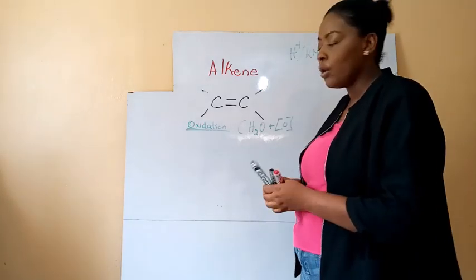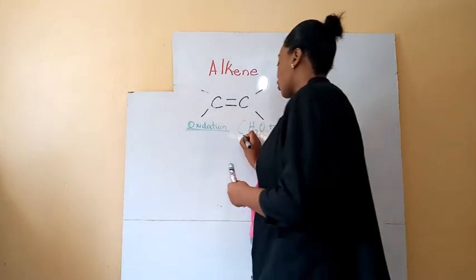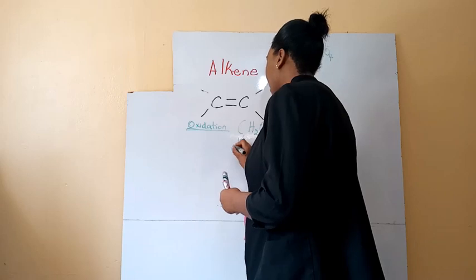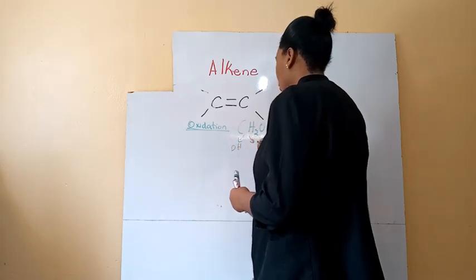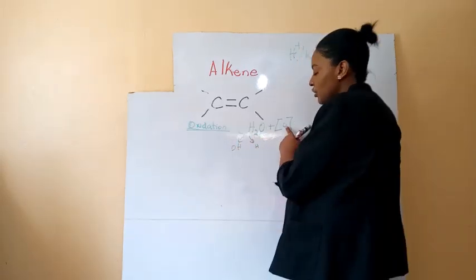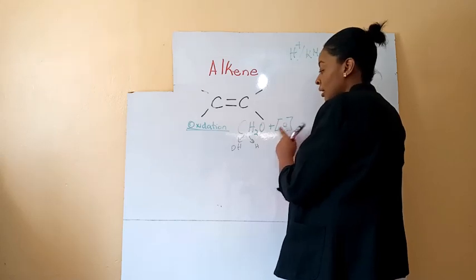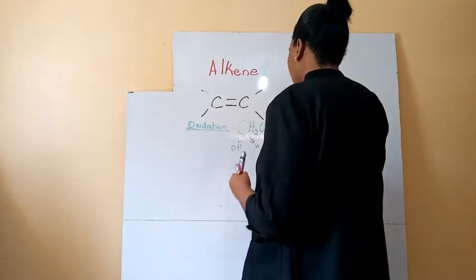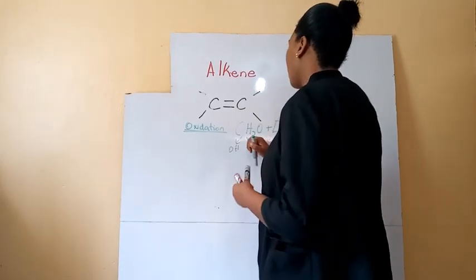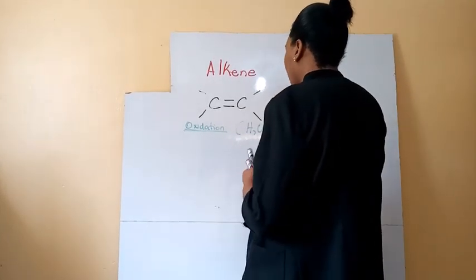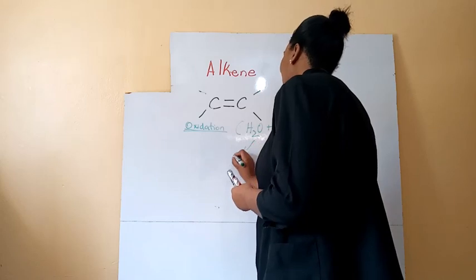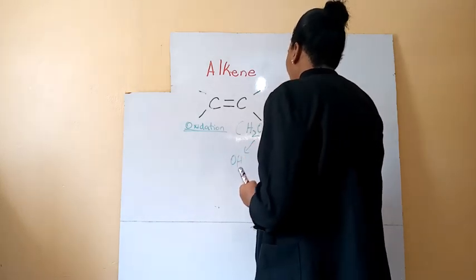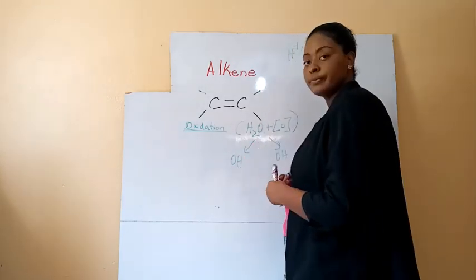Now remember, when we were adding in hydration, we were adding water, we had OH and H. Because this oxygen now goes on this hydrogen, when we see this reaction, what we're adding across the double bond is OH and OH.